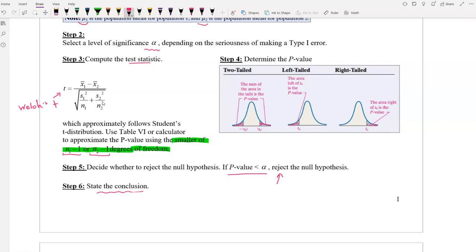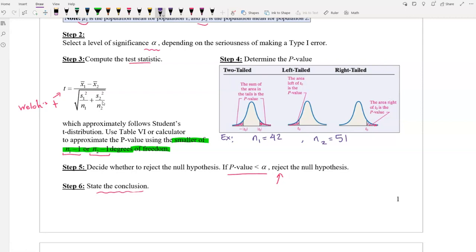Here, when it says smaller degree of freedom, for example, let's assume that for sample size, from population 1, we had 42, and n2, our sample size from the second population, was, for example, 51.